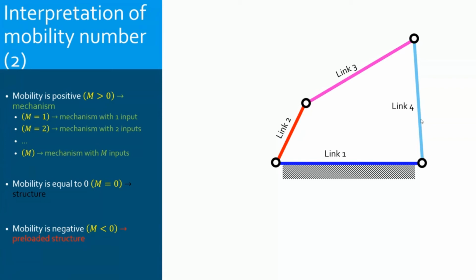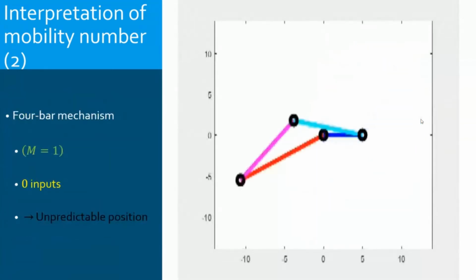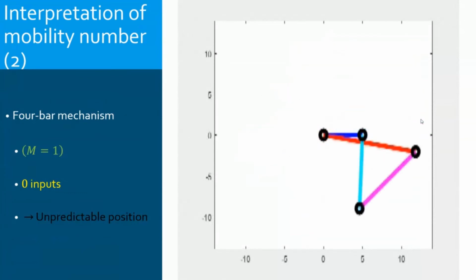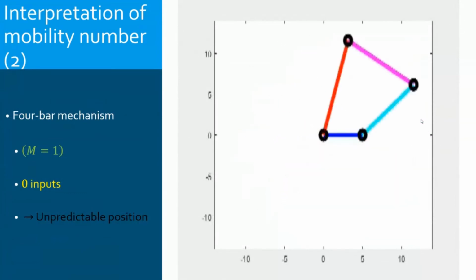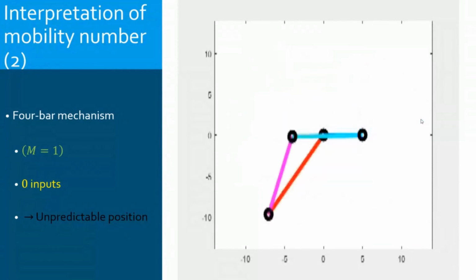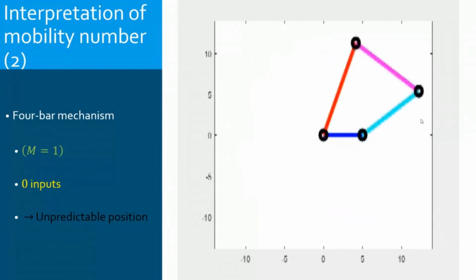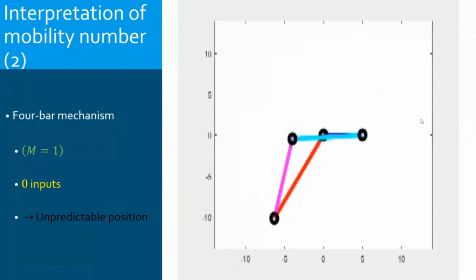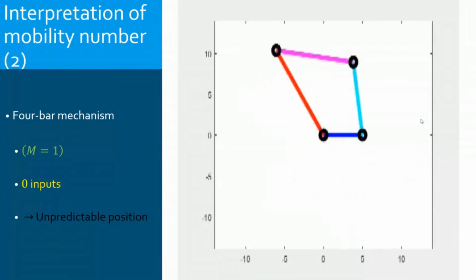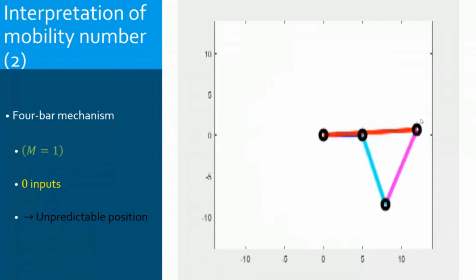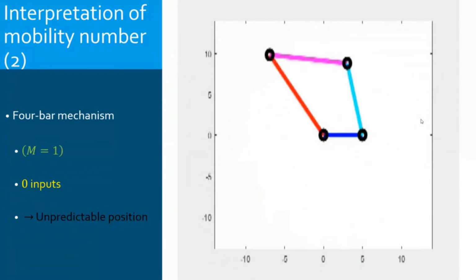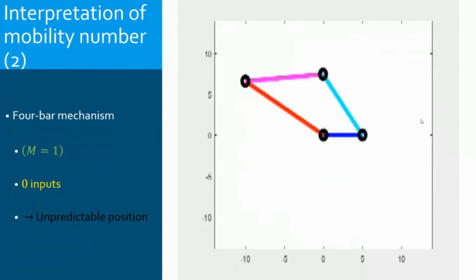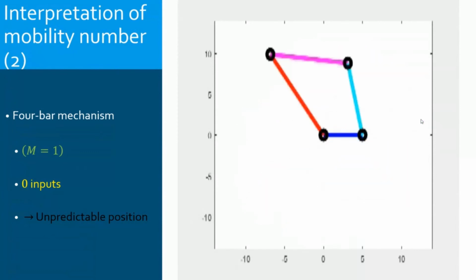Now, I come back to the question of your colleague. This is what happens if I control less than required. Now, this is a 4-bar mechanism. A 4-bar mechanism has a mobility equal to 1, so I need to give one input.